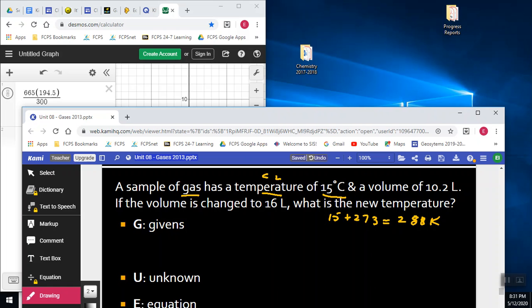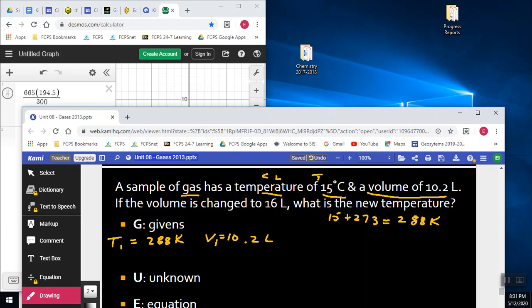So my first temperature is 288 Kelvin, and the volume that goes with that gas is 10.2 liters.